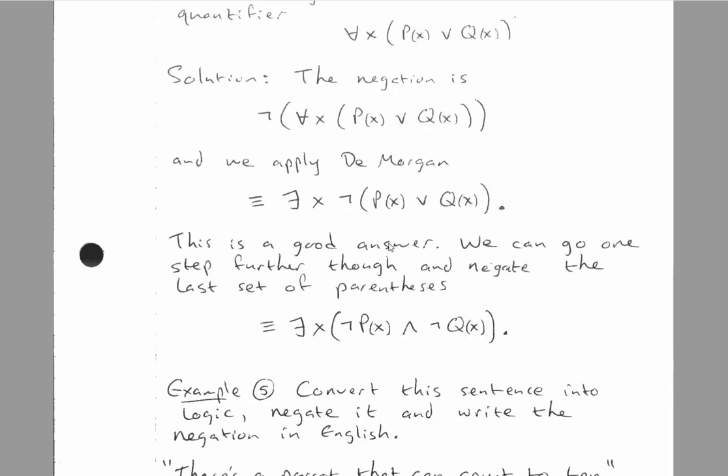Okay, so that's a good answer, but we can go one step further. Now apply one of the original De Morgan laws, so not (p of x or q of x) is equivalent to not p of x and not q of x.